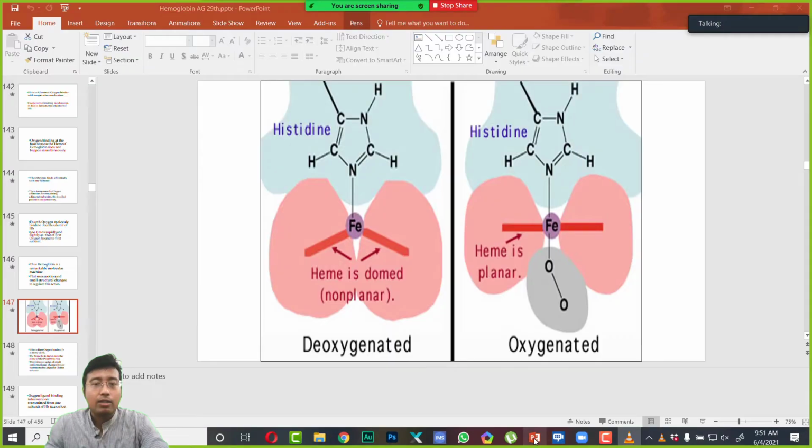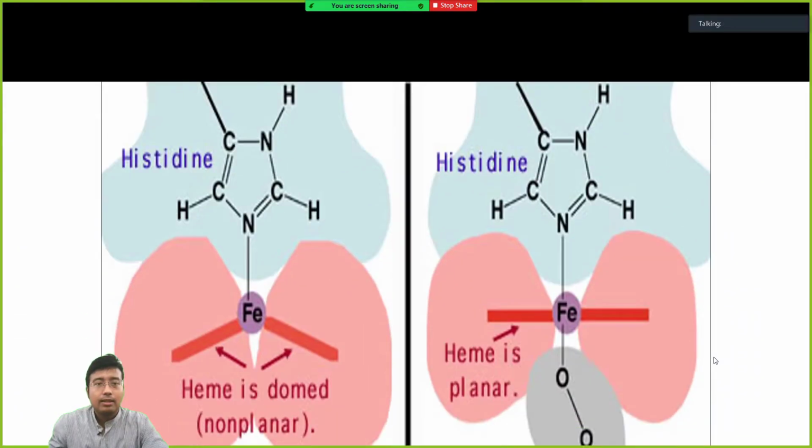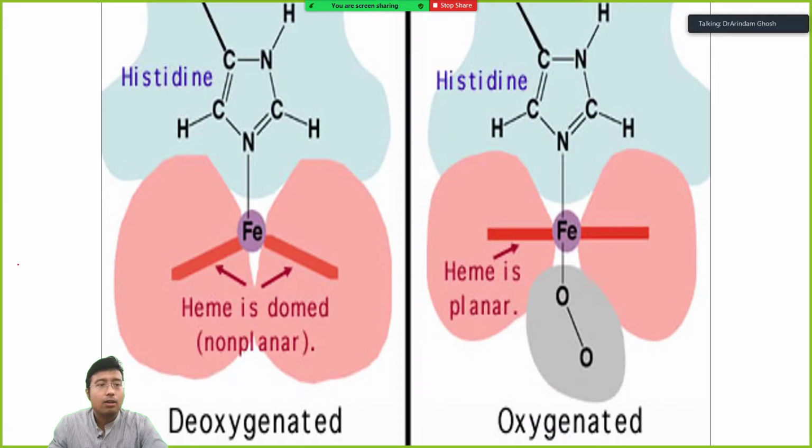So if you visualize the reality, the iron is actually on top. This is the plane of porphyrin and this is iron. So in reality, this is actually dome shaped. The deoxyhemoglobin, the deoxygenated form, actually maintains a dome shape just because iron lies at the top of the dome.